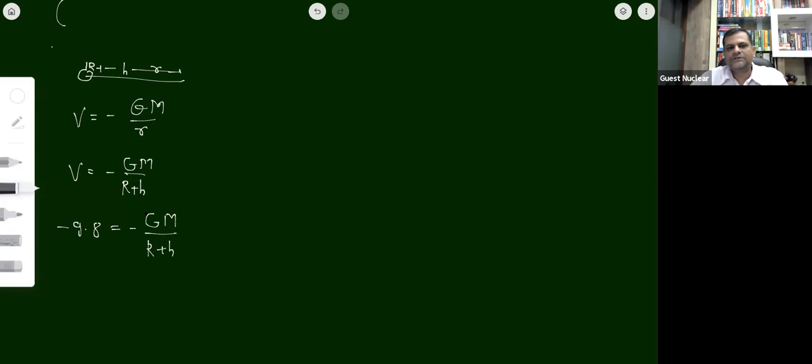Okay, so if we just use all these values here, then we can get minus 9.8 which is kept as it is. अच्छा माइनस तो कैंसिल हो जाएगा, minus sign will just get cancelled, no doubt, and this will be actually equal to GM upon R plus h, where G is nothing but 6.67 into 10 raised to minus 11 and M is actually 6 into 10 raised to 24, mass of the earth, and here capital R which is, अच्छा चलो ठीक है R plus h को वैसे ही रखेंगे, no doubt, so that we can find out R plus h first and then we'll try to find out h finally.